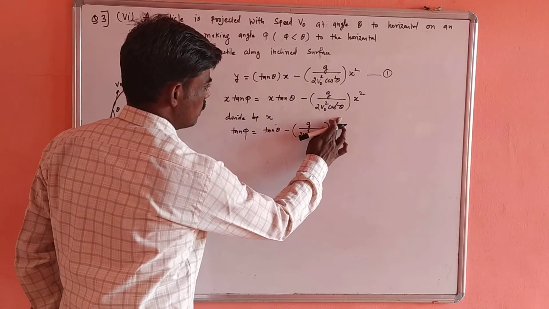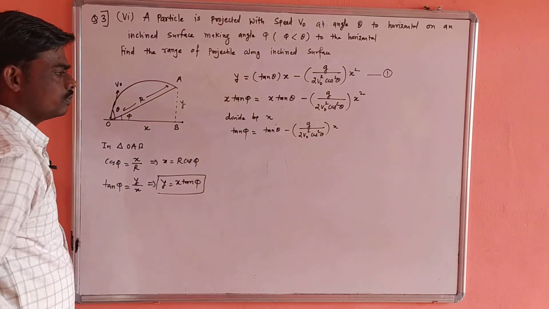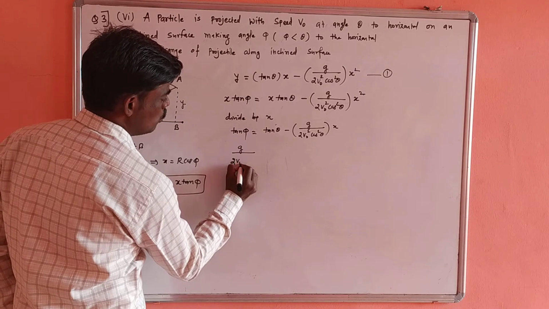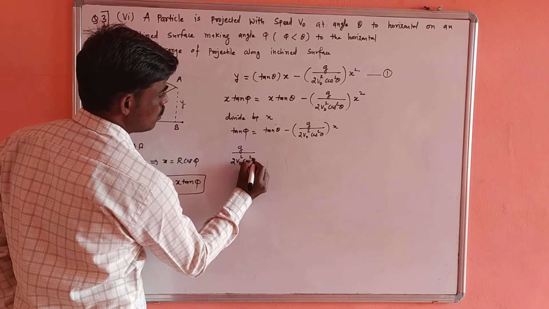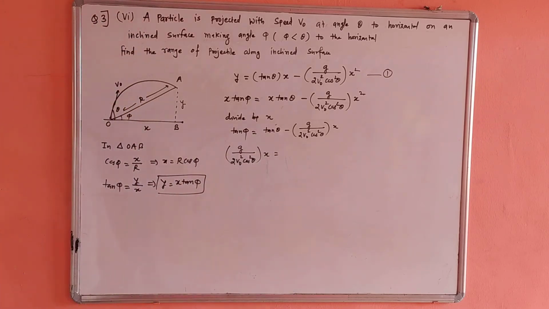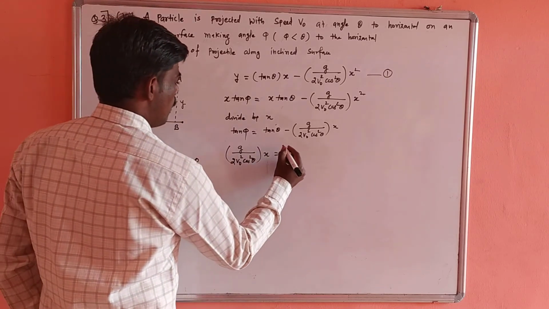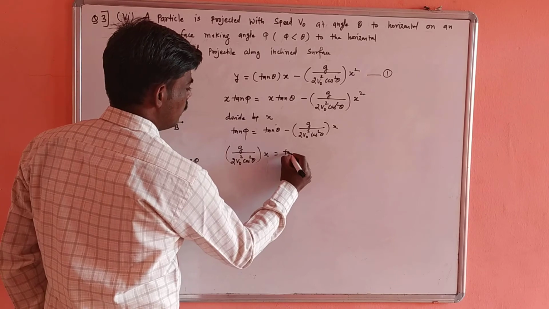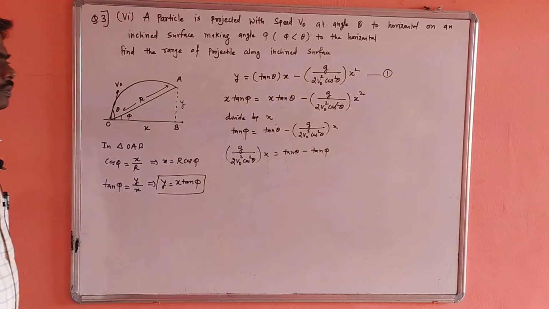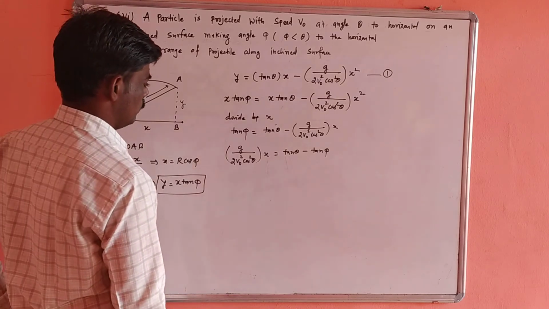Shifting the term, g upon 2v0 square cos square theta x is equal to tan theta minus tan phi.